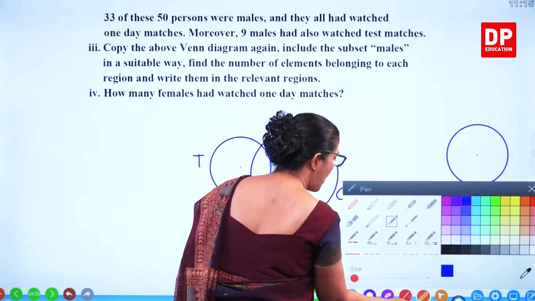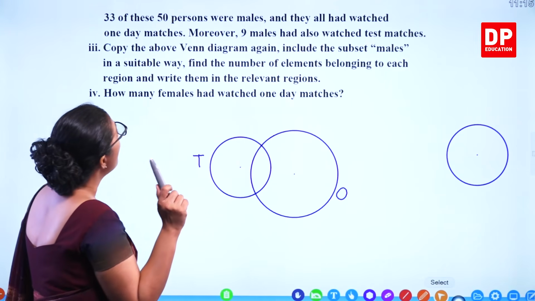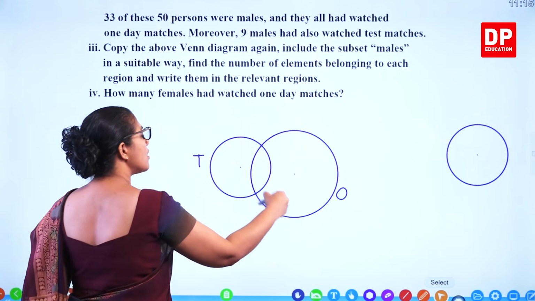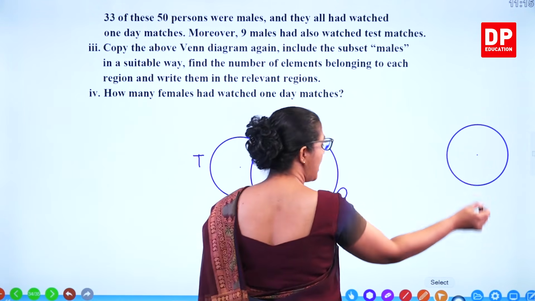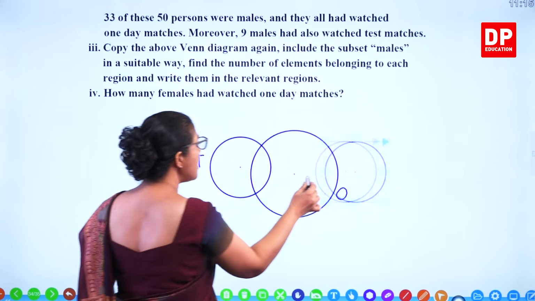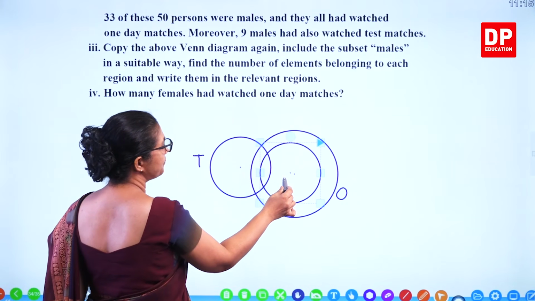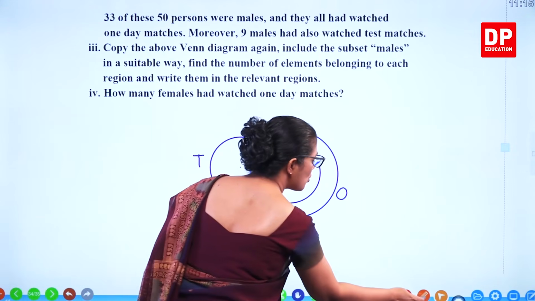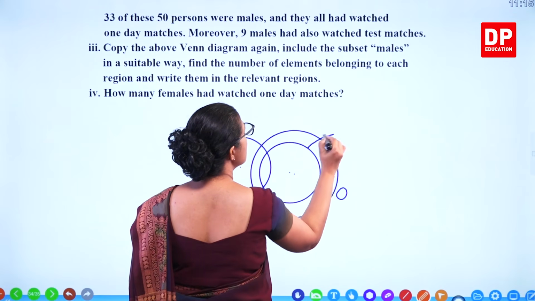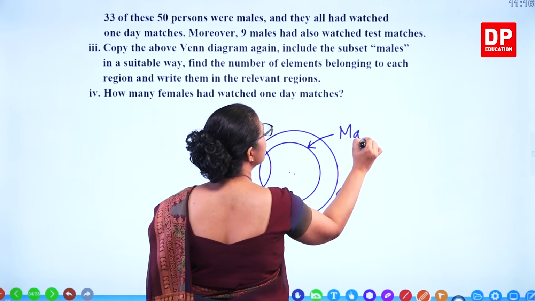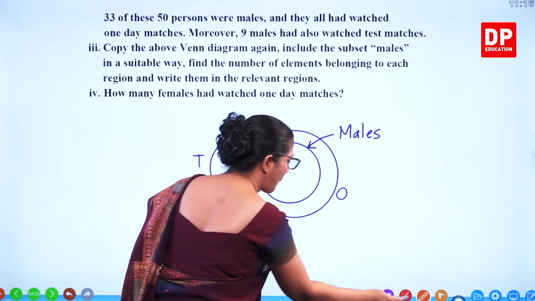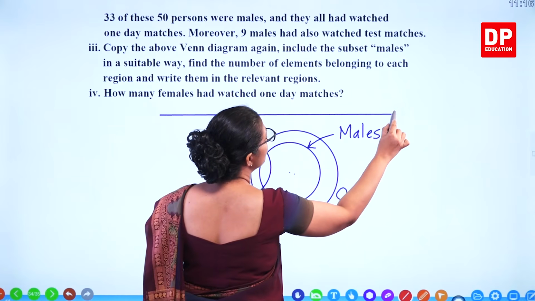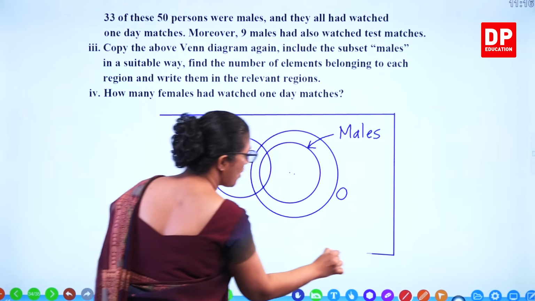Now, can you remember it says all males had watched one-day match. So that means the male circle should be inside this one, inside one-day matches. So somewhere there. So this is males. And we'll draw the rectangle now. So you have to draw it again.